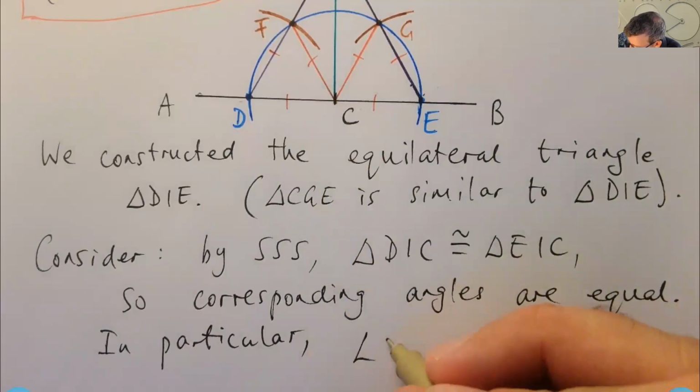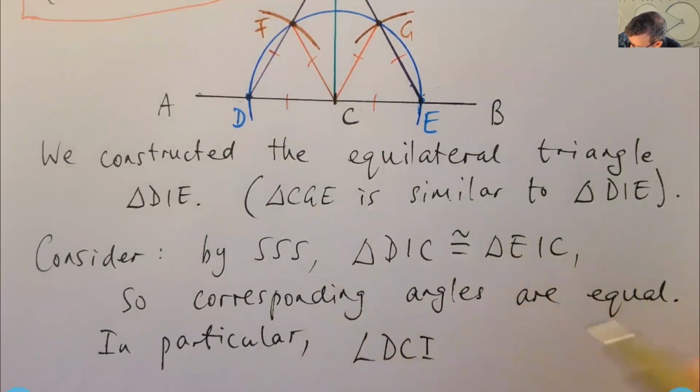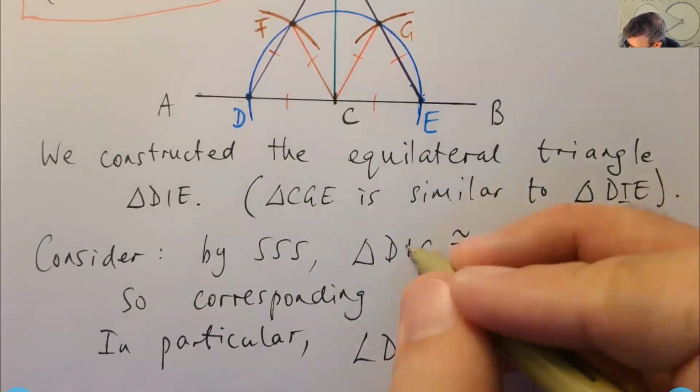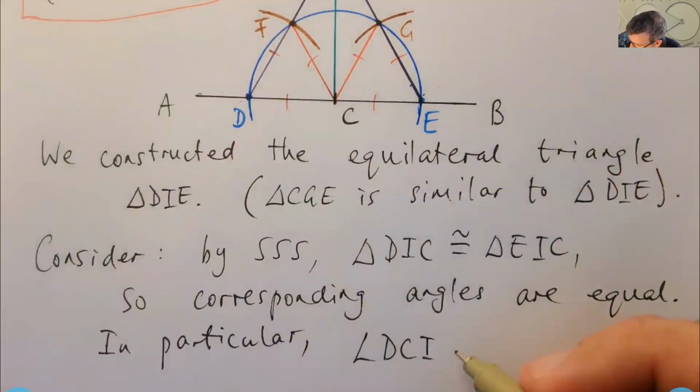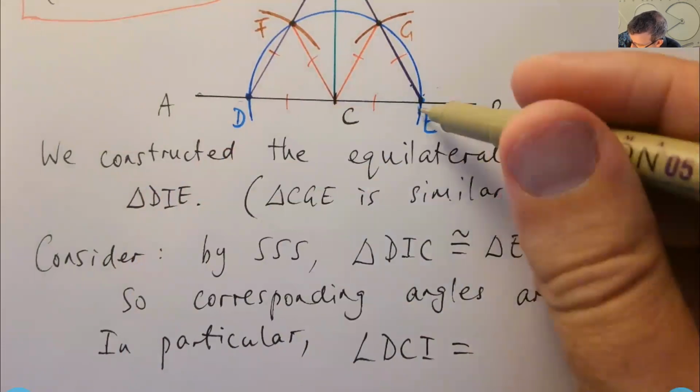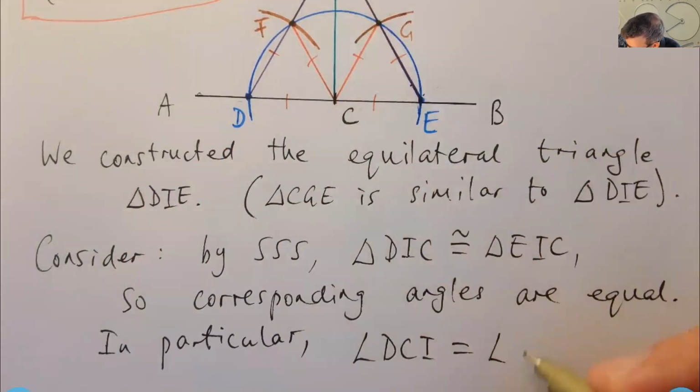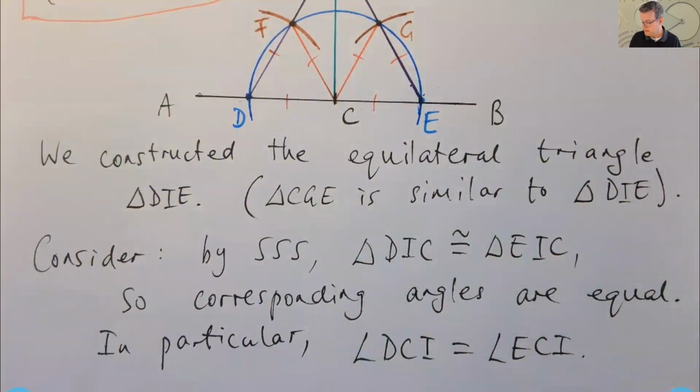So angle DCI, maybe I'll just put the tops on all those I's to make it clearer, is equal to angle ECI. All right. So what does that mean?